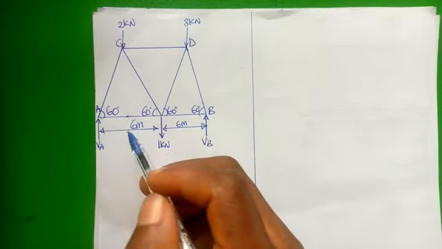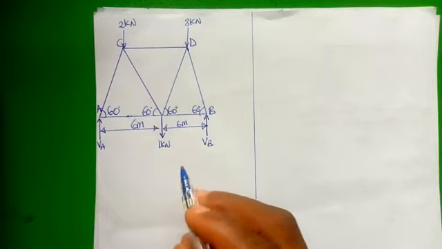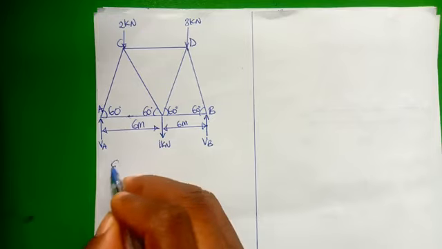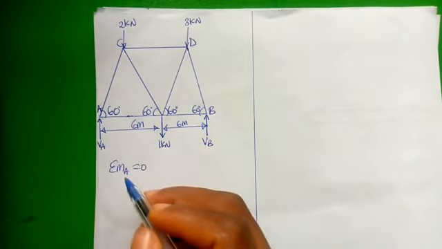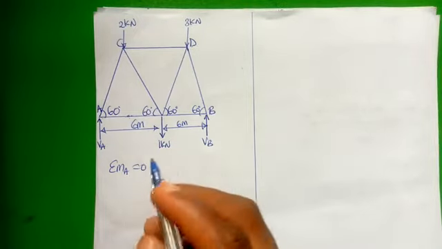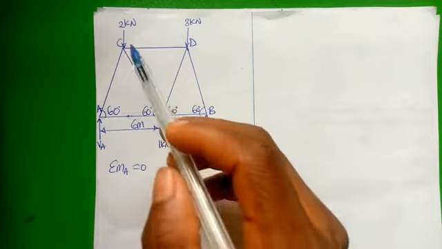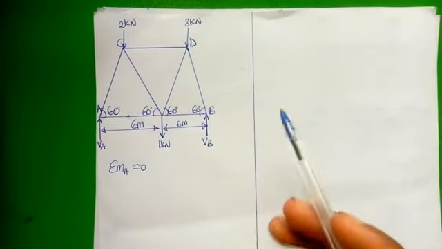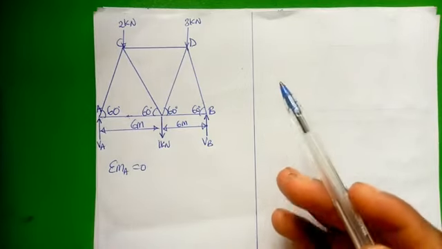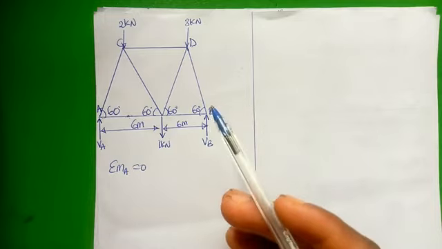Now, without much ado, let's get into the problem. So we can say let summation of moment about point A be equal to 0. And by so doing, let's equate clockwise turning forces to anti-clockwise turning forces. Like we all know, moment is product of force and distance.